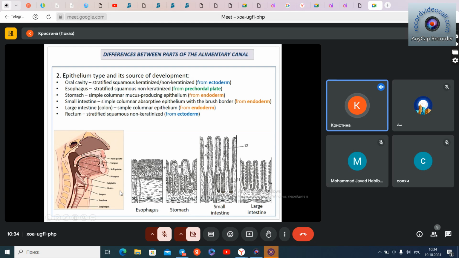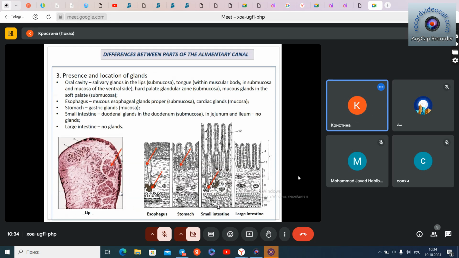In stomach, simple columnar mucus-producing epithelium derived from endoderm. In small intestine, simple columnar absorptive epithelium with brush border with microvilli derived from endoderm. In large intestine, simple columnar epithelium derived from endoderm. In rectum, not shown here, stratified squamous non-keratinized from ectoderm.